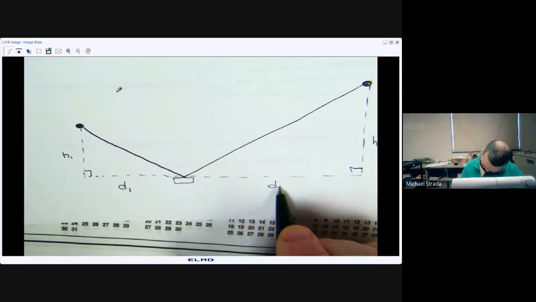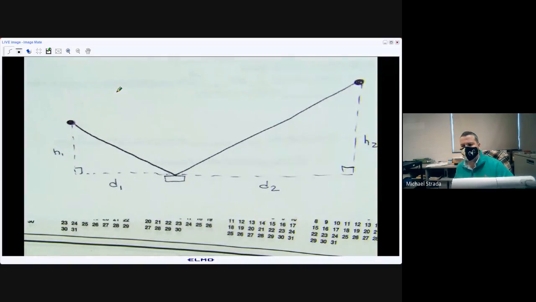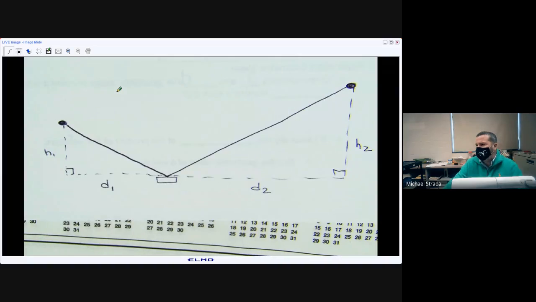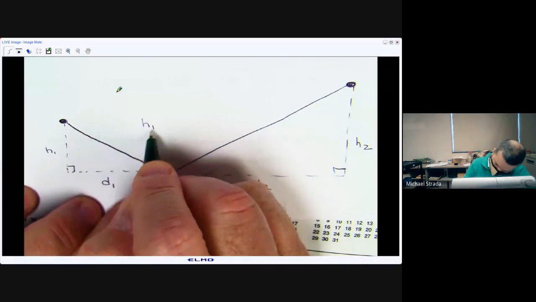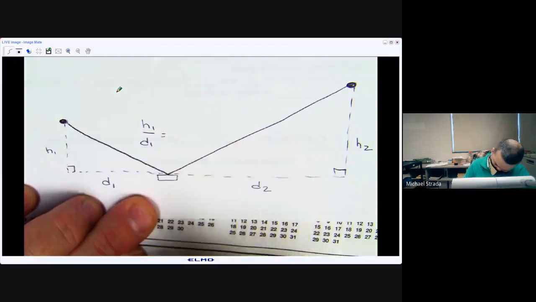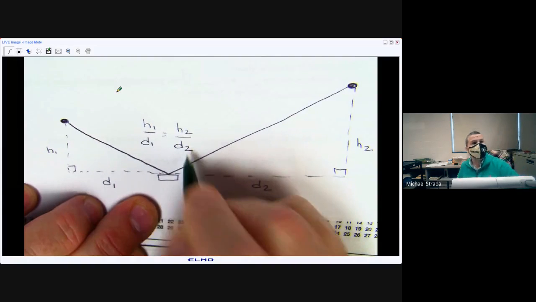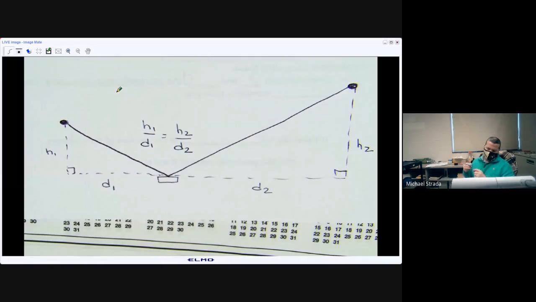That's going to be D2. It's proportional. So H1 over D1 equals H2 over D2. Or if you're more comfortable, H1 over H2 equals D1 over D2. That's the major new one.